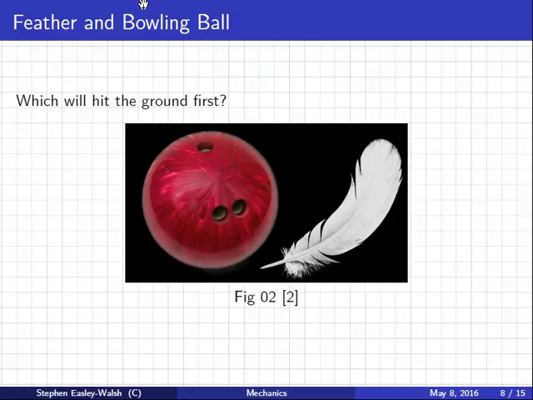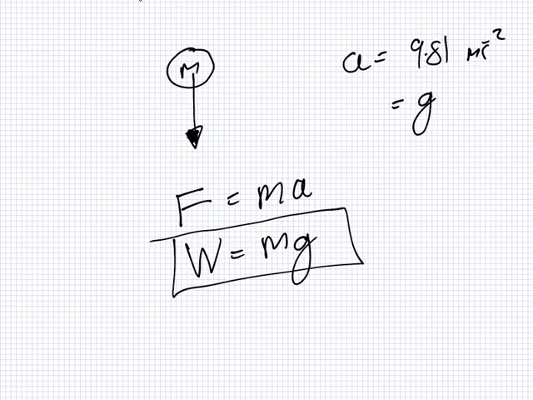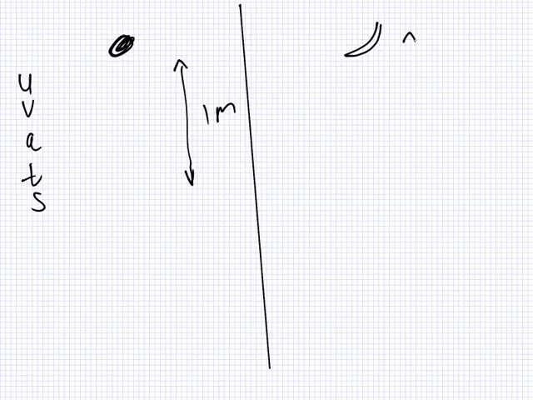But there's a tiny complication with that. If we look at the picture for the bowling ball, here's the bowling ball, and here's the feather. We have U, V, A, T, S, and let's keep it simple. We'll say the S here is 1 meter, and here is 1 meter, and they both start from rest.